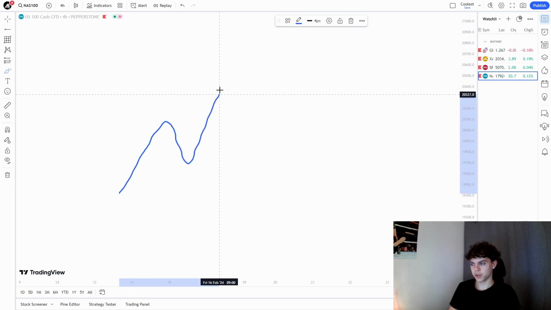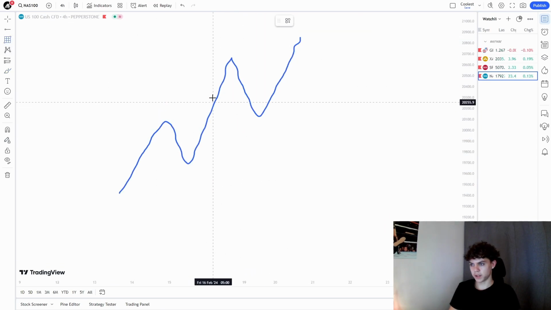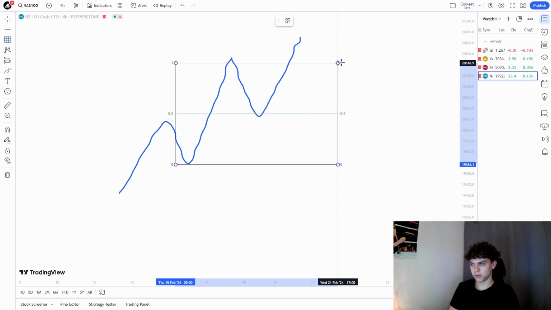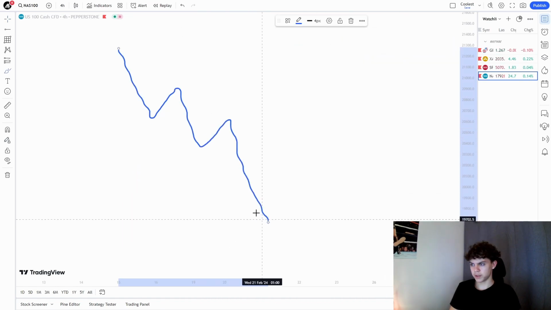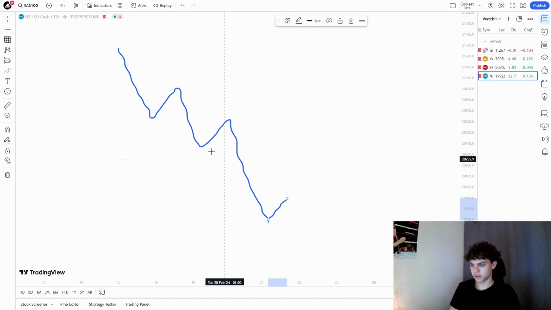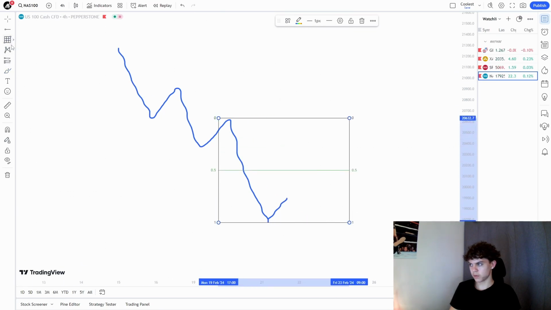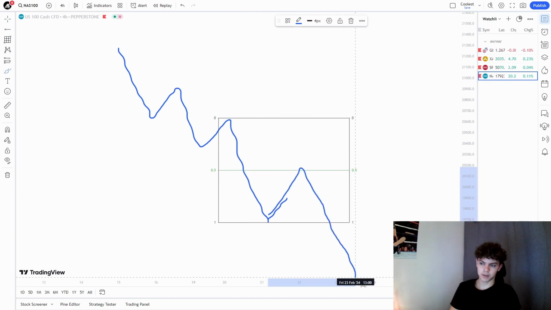Remember, in an uptrend, you take it from the low to the high. Banks get a discount, they're happy, and they buy again. Downtrend, from the high to the low, banks get a discount and they're happy.